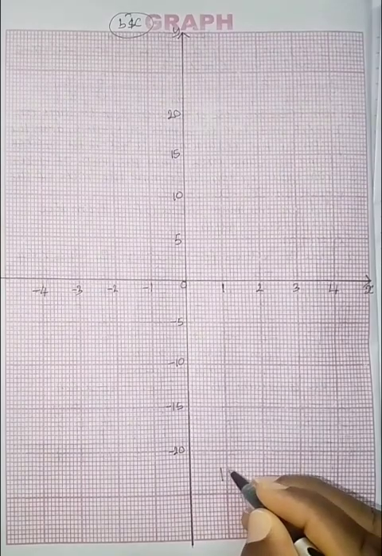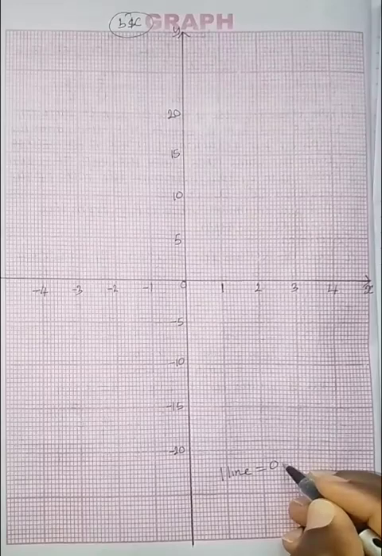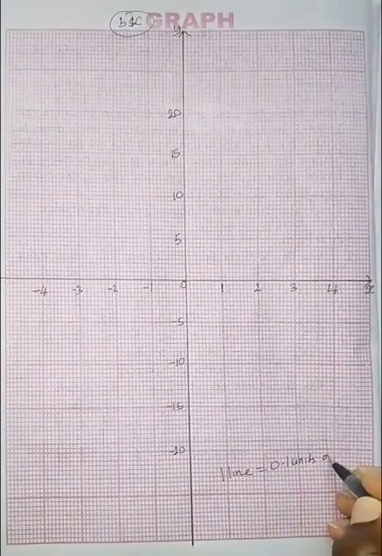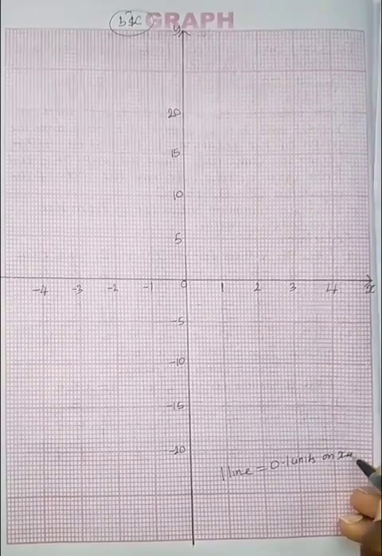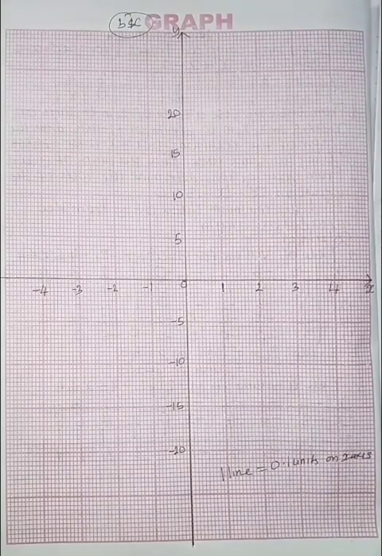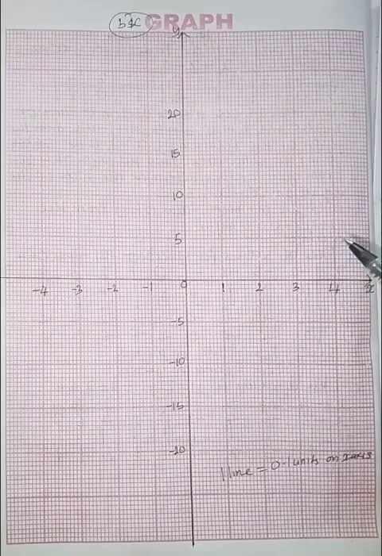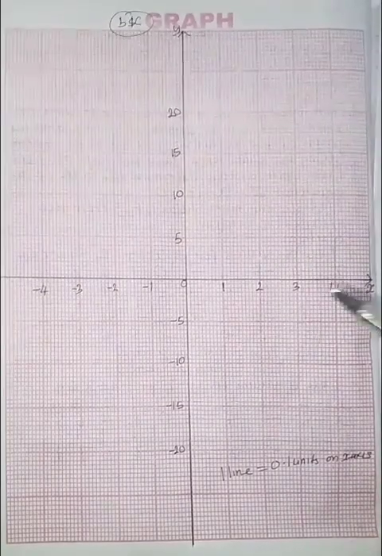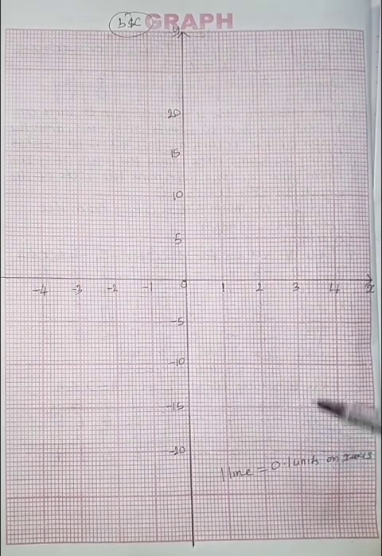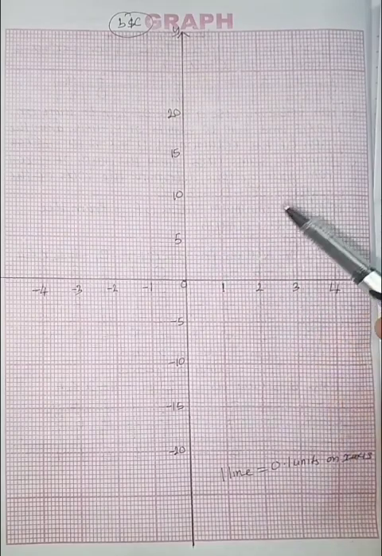So 1 line will be equal to 0.1 units on s axis. That is, you divide the number of units by number of lines. 1 divided by 10 equal to 0.1.